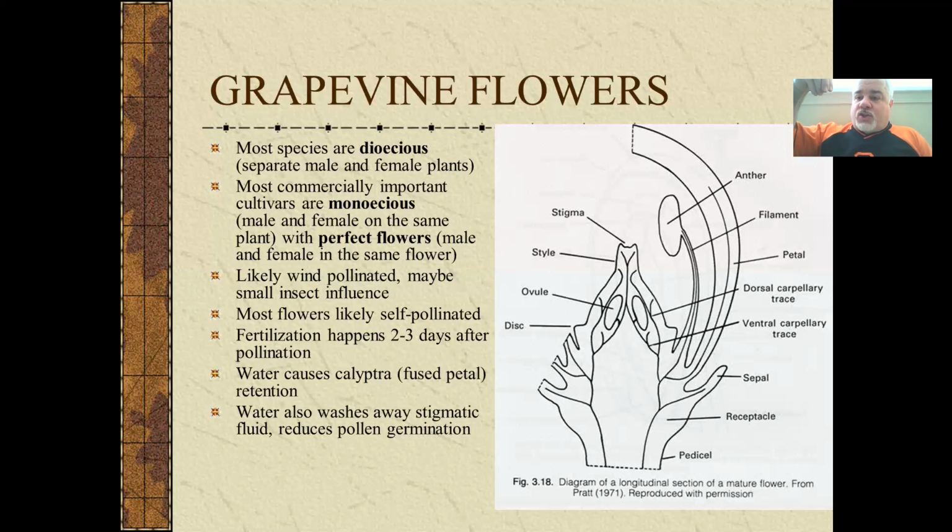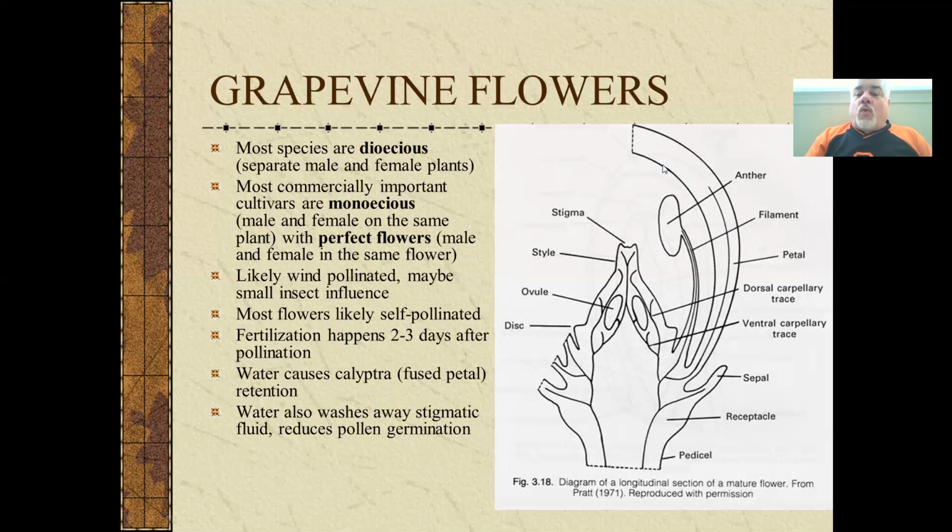And the pollen has to grow a pollen tube. The pollen is a living organism, and it grows down through the style and until it reaches the ovule, and that takes a couple of days to grow down and deliver that sperm cell. Water causes the calyptra, the fused petals, to be retained, and it can wash away any stigmatic fluid as well.